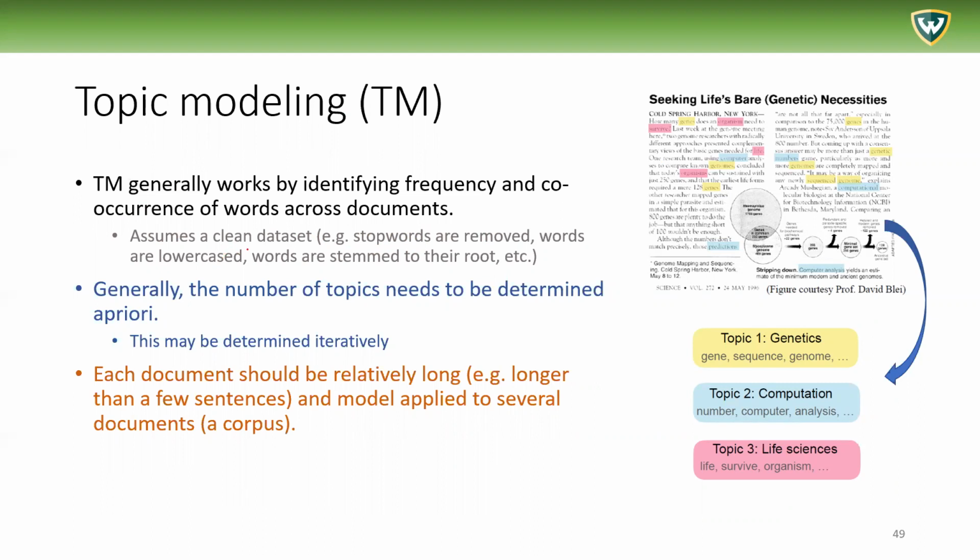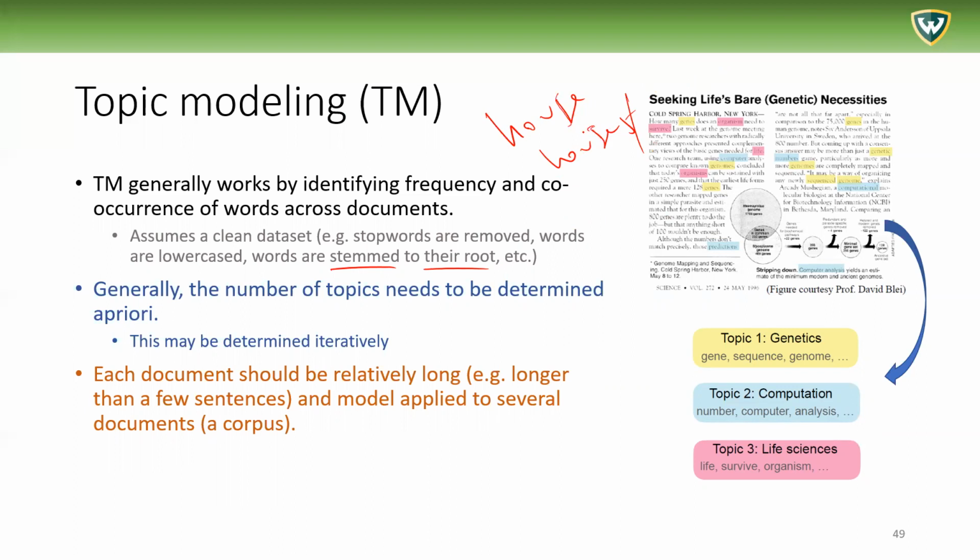Words are maybe all lowercase, so we can match topic modeling capitalized with topic modeling lowercase and so on. Words are stemmed to their root. So things like plurals are eliminated, right? If you have the word house and we have the word houses, we want to get rid of that S so the computer can match house with house.